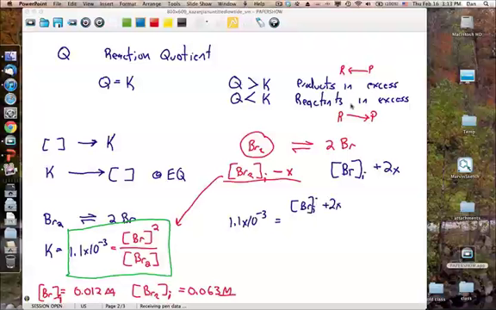But remember that this represents all of the atomic bromine, and now that is squared, all divided by the Br2 initial minus x.